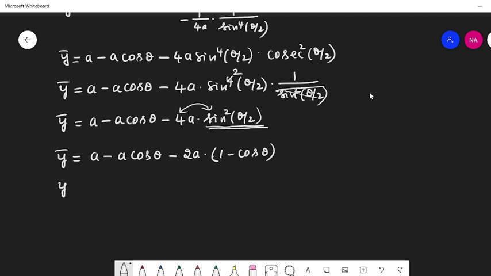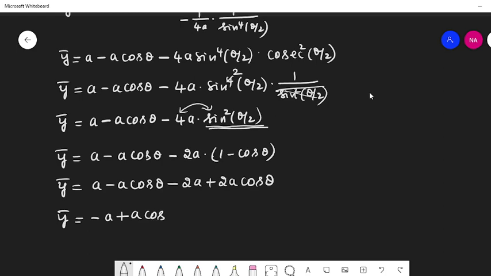Now multiplying terms inside, it is a minus a cos theta minus 2a plus 2a cos theta. So now it becomes y bar equal to minus a plus a cos theta, or y bar equal to minus a times of 1 minus cos theta.